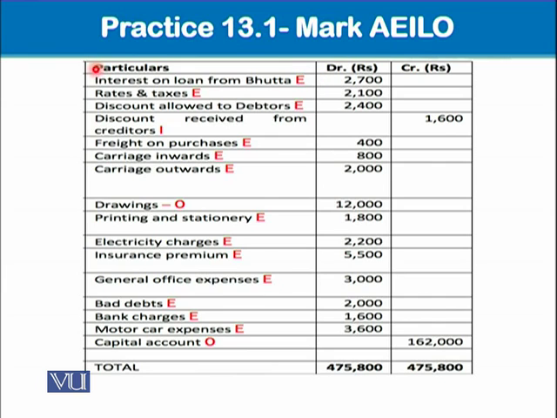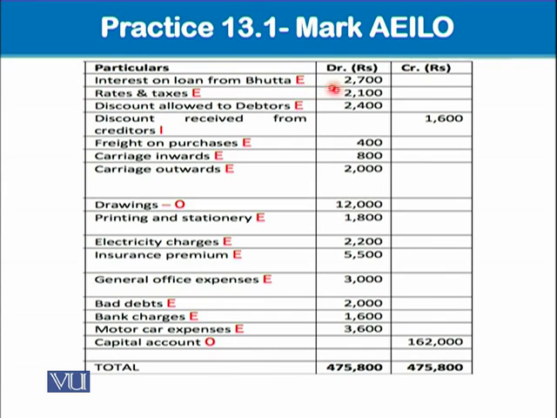Because sometimes people get confused by the terminology: it is loan from Bhutta, interest, might be income, no, it is a loan, liability, what to do? The only thing is, just see, it is in the debit, so it would be an asset or expense, and that's it. Now take your decision. Should this interest be an asset? No. Then it is an expense.